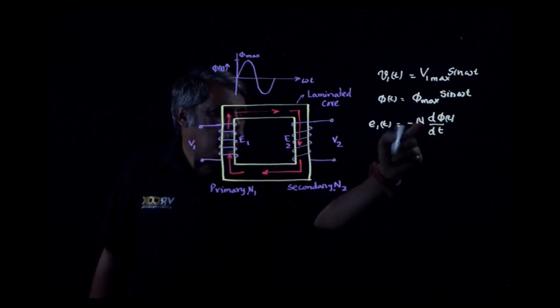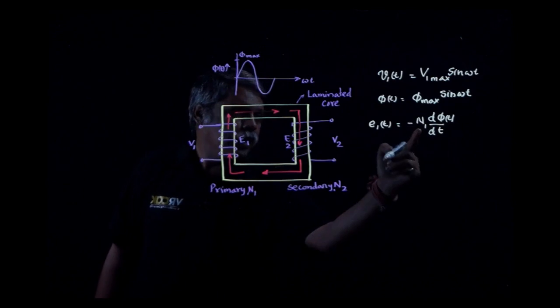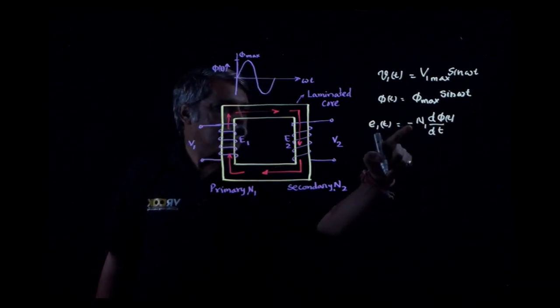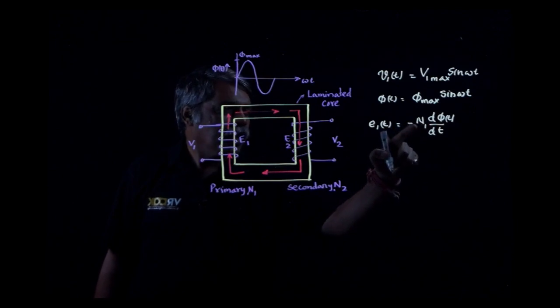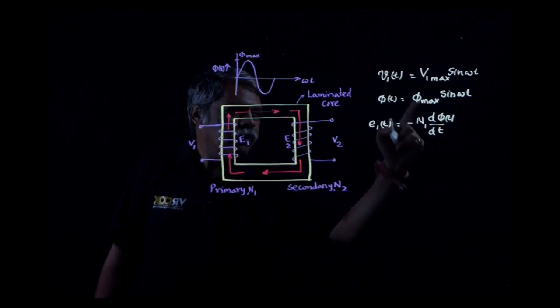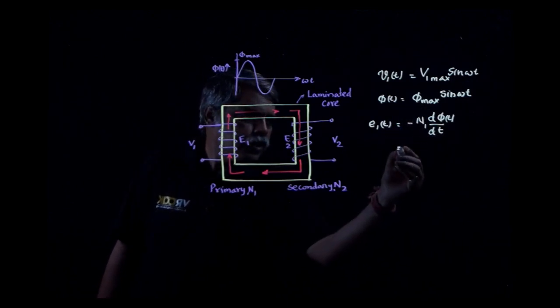Taking N1, the primary number of turns, into the differential, I get minus d by dt of N1 phi of t.